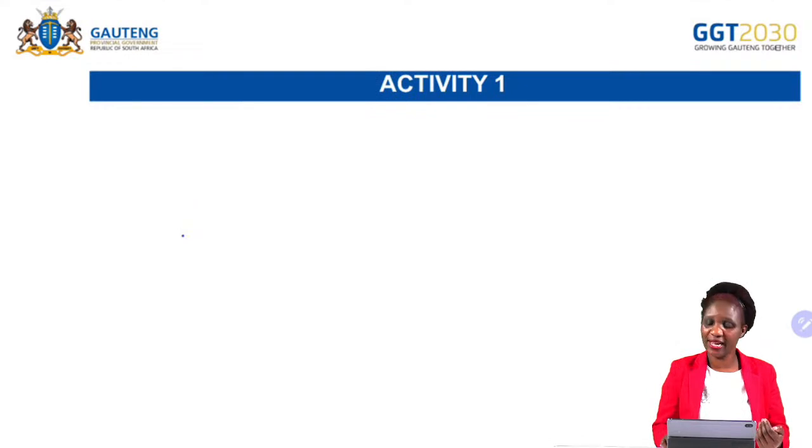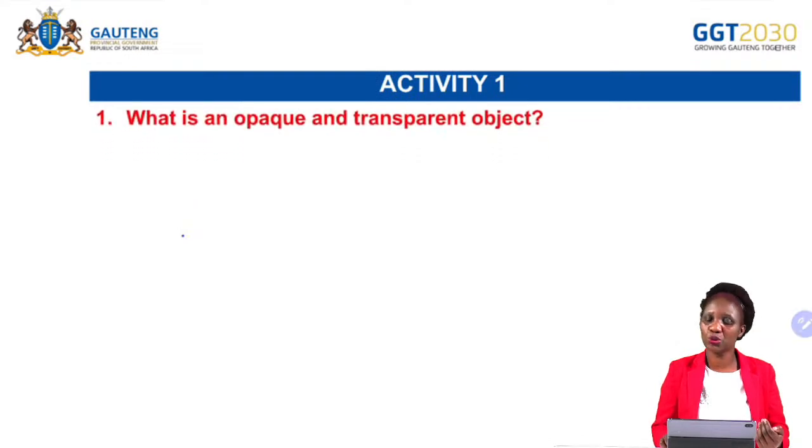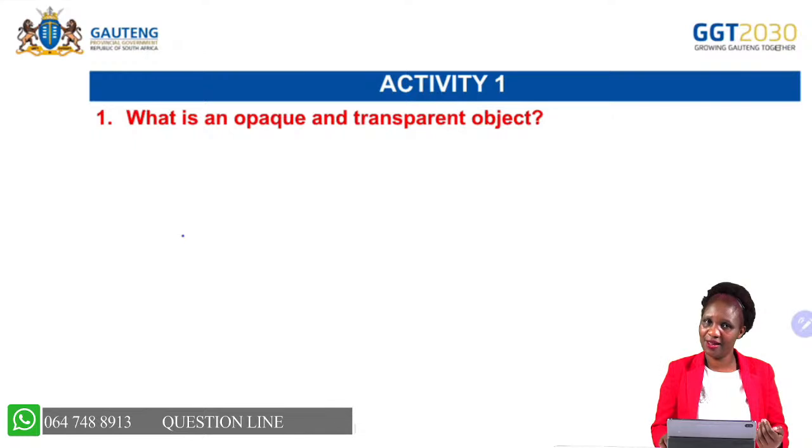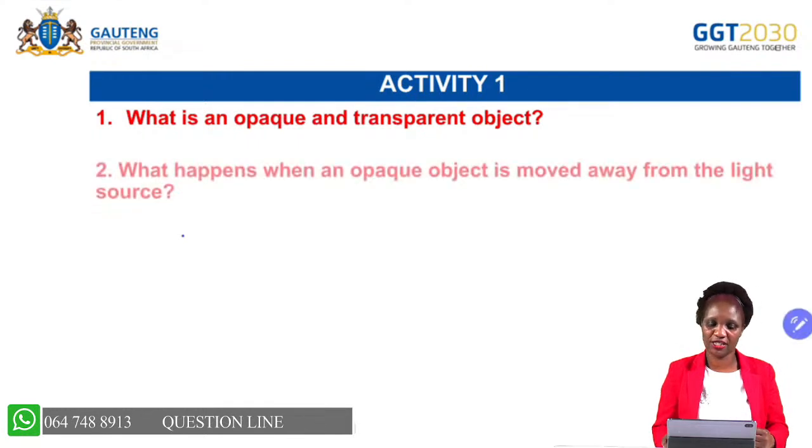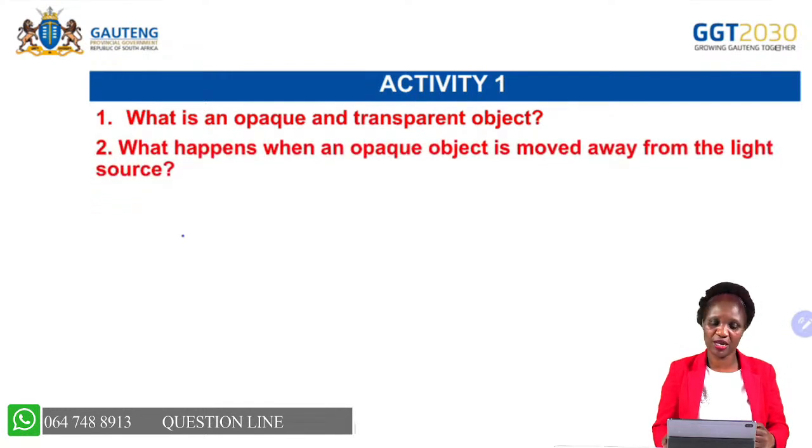And then we've got our activity, which we are going to write, grade 8. The first question says, what is an opaque and transparent object? Question number 2 says, what happens when an opaque object is moved away from the light source?